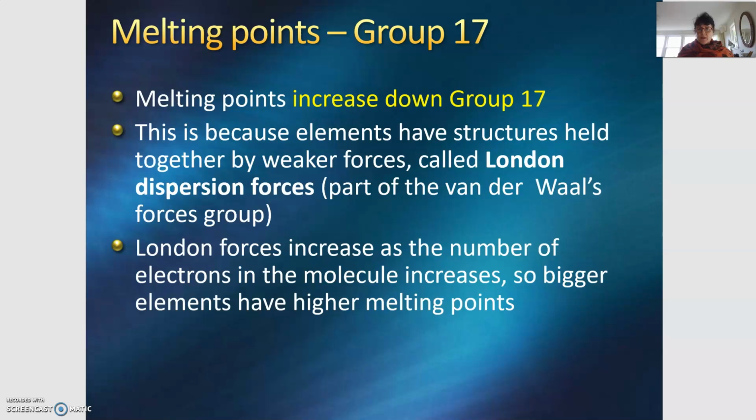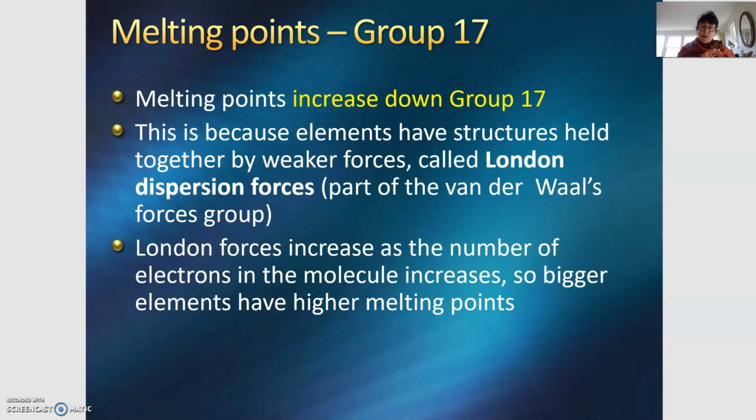Now if we look at group 17 by contrast, we know that melting points increase as we go down group 17, and again we need to understand more about bonding to really get this, but enough to say that the forces that hold those molecules together are called London dispersion forces. They're part of van der Waals forces. London dispersion forces happen because if you imagine any atom with electrons whizzing around it, at any one moment more electrons could be at one side of the atom or the other, so in an instantaneous moment any atom potentially has a tiny dipole.